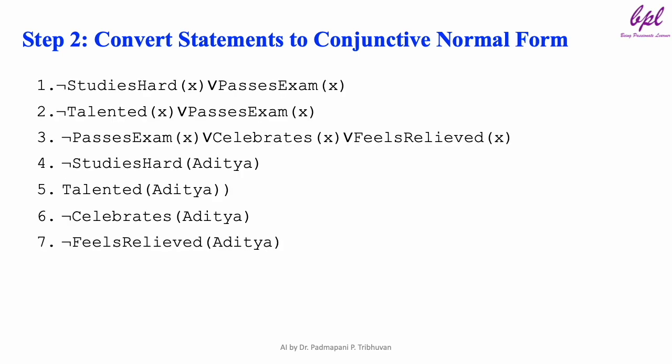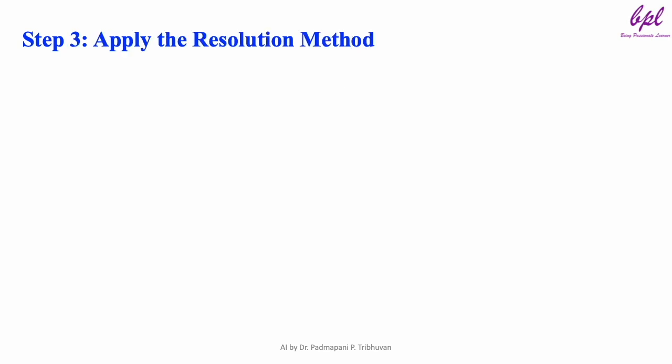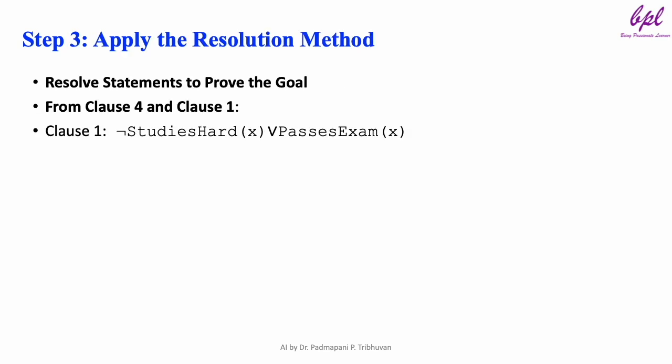Now we have all these statements from the knowledge base and our negated goal in CNF. Let's proceed to apply the resolution rule and start deriving new clauses. Our goal is to prove that Aditya feels relieved. So first we will resolve using clause 1 and clause 4. Clause 1 is X does not study hard or X passes exam.